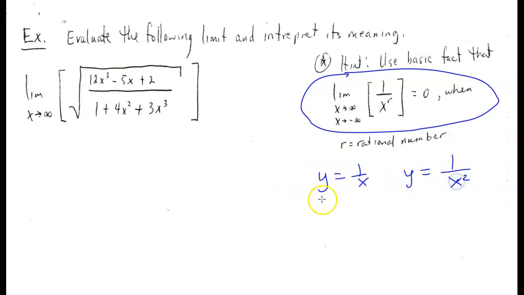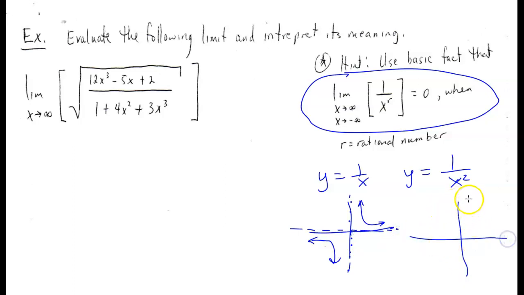These are some of the more popular ones, where 1 over x basically looks like this, and you have a vertical asymptote here at x equals 0, horizontal asymptote at y equals 0. 1 over x squared is very similar, but it looks like this, where again you have a horizontal asymptote at y equals 0 and a vertical asymptote here at x equals 0.